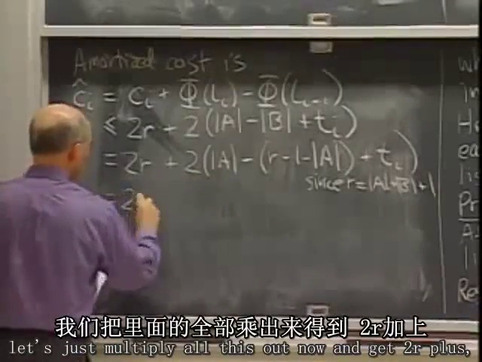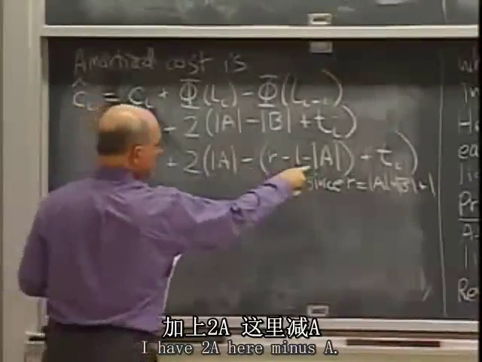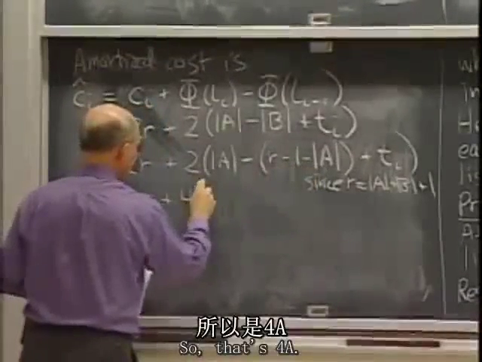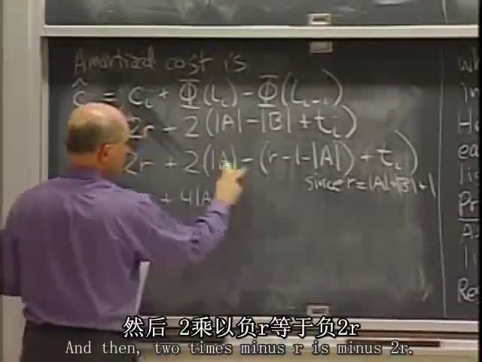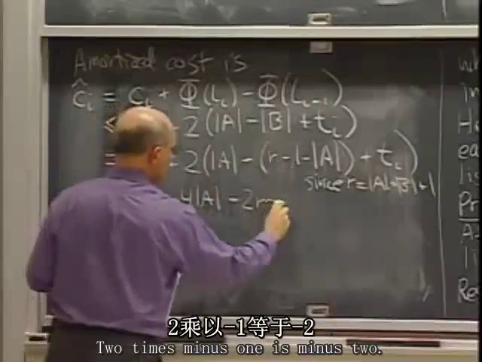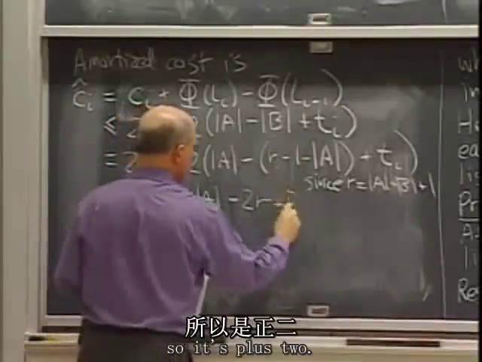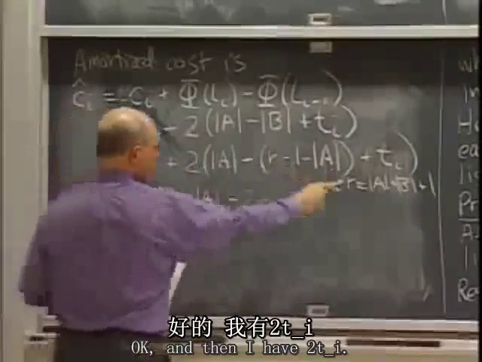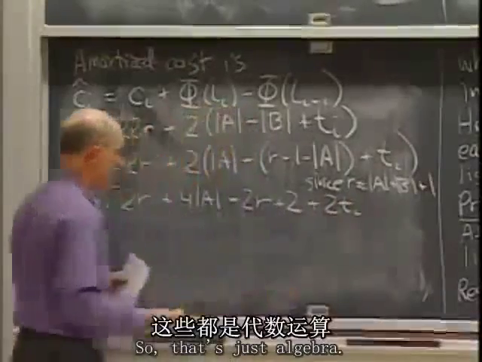Get 2r plus, I have 2a here minus a, so that's 4a. And then 2 times minus r is minus 2r. 2 times minus 1 is minus 2. Oh, but it's minus minus 2, so it's plus 2. And then I have 2ti.